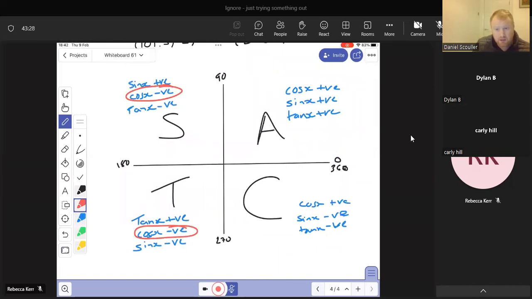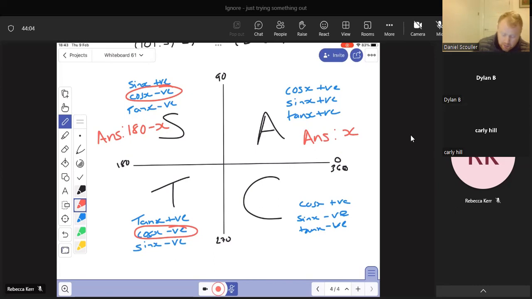Now, how do you get that answer when we find out the x term? When we solve for x, in between 0 and 90, nothing changes. So your answer in this quadrant is just going to be the x that you find. In between 90 and 180, your answer is going to be 180 minus x.